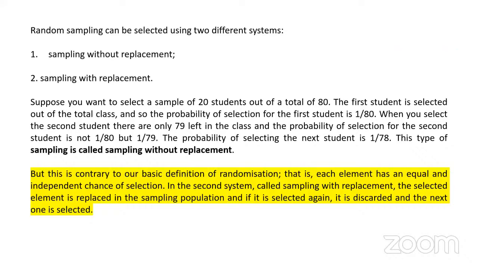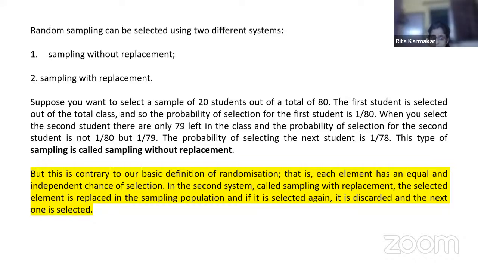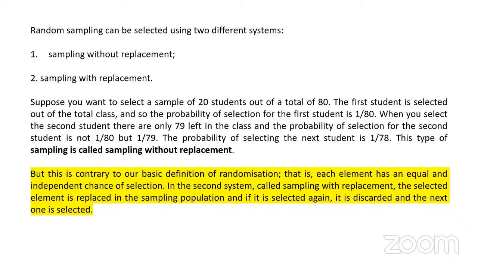Ma'am, as you showed that random number picker, in that, was sampling without replacement actually happening? Suppose when you ran it first, it came as 77 and then different numbers came.